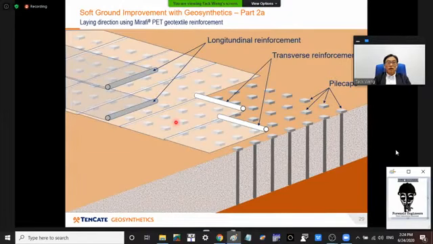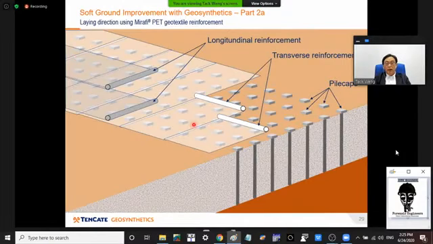In the cross direction, usually you can handle that because a roll length is typically much longer than the width of the embankment, and you can easily use one single piece. You also need the reinforcement laid in the longitudinal direction.